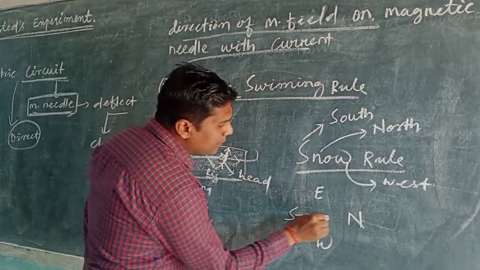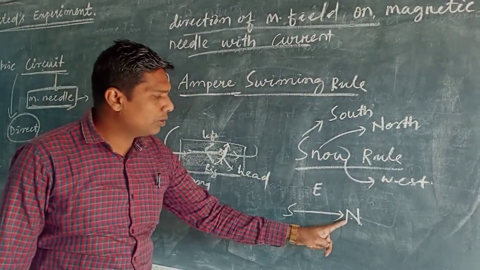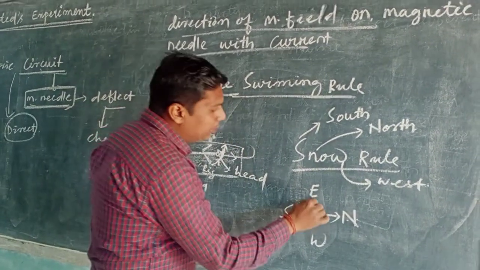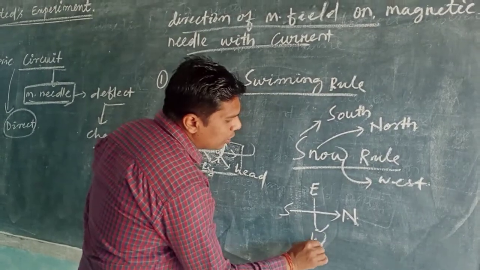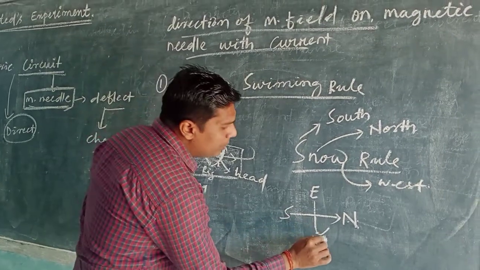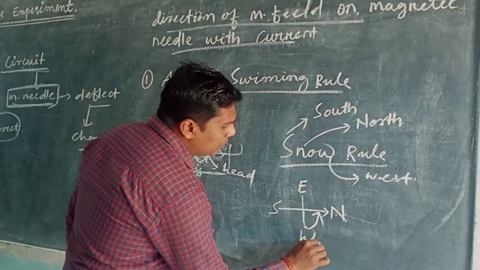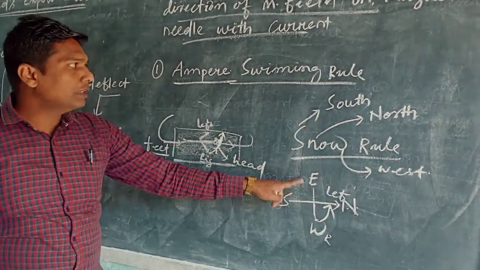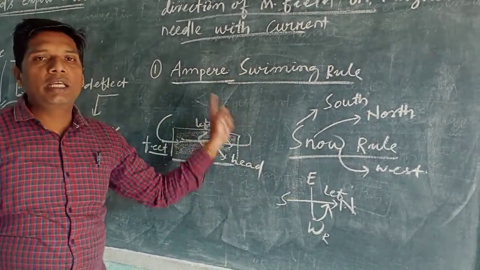When current is passing from south to north, at that time the direction of magnetic field is towards west. That means the direction of magnetic field will be west to east. That means this is also right to left, also a left side deflection. That means Ampere's swimming rule and the SNOW rule are equal to each other.